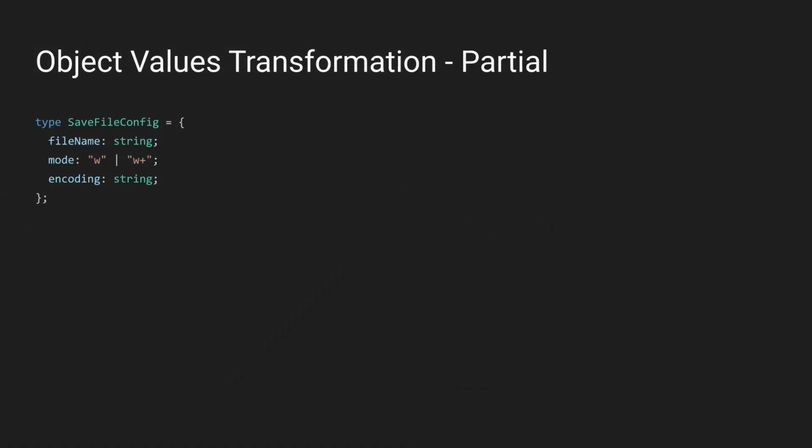We will begin by exploring utilities that allow object type manipulation. The Partial utility makes all values optional. This utility type is frequently used, for instance, to define the type of a configuration object containing default values that users can override if necessary.